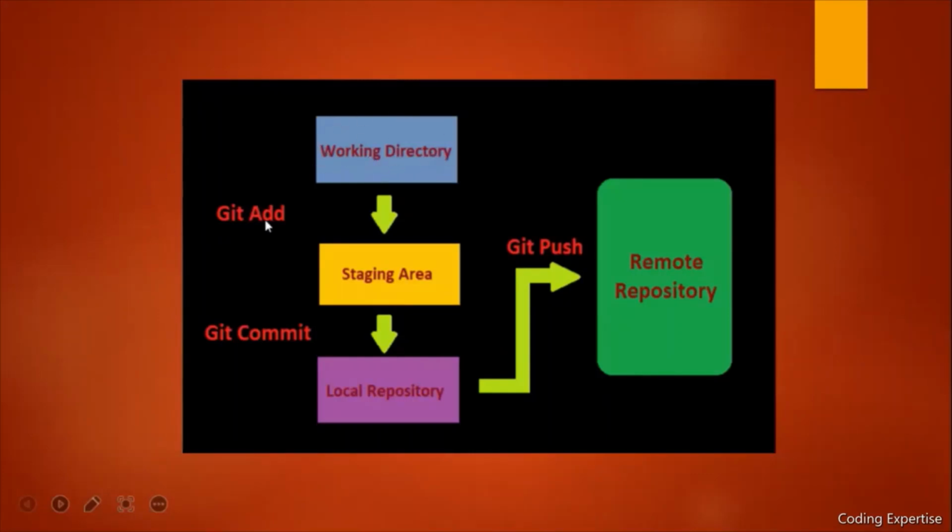We added those files to the staging area using git add, and we recorded all the changes to the local repository using git commit. We pushed all our local changes from the local repository into our remote repository. This diagram helps us understand the quick workflow using git add, git commit, and git push. So that's all about that.